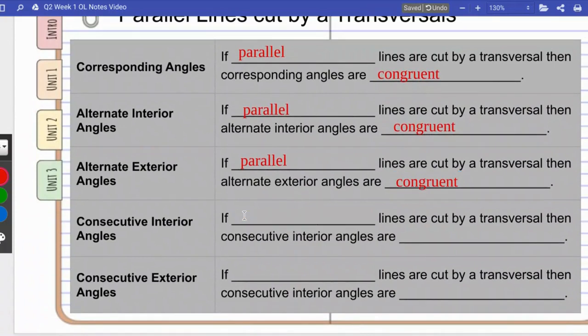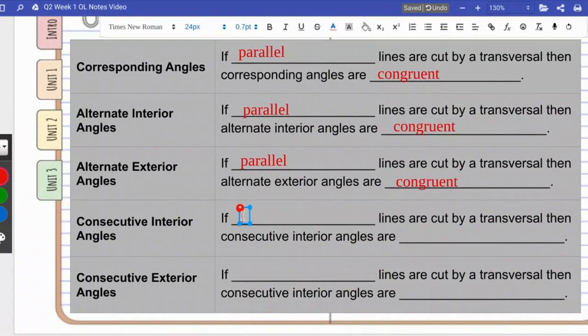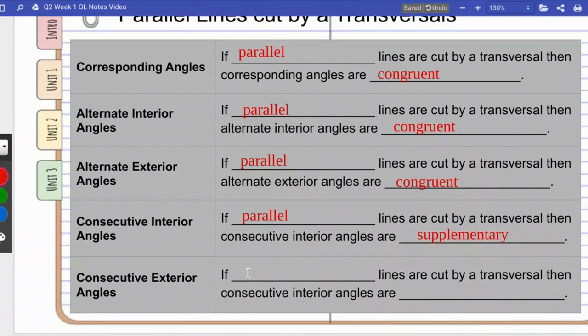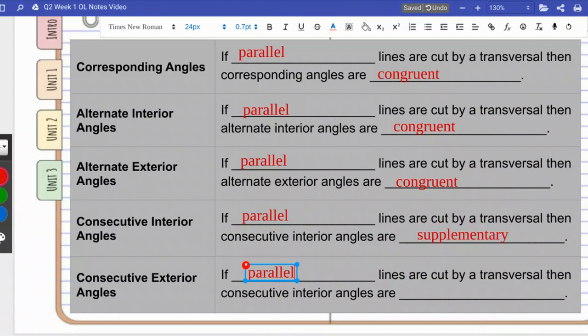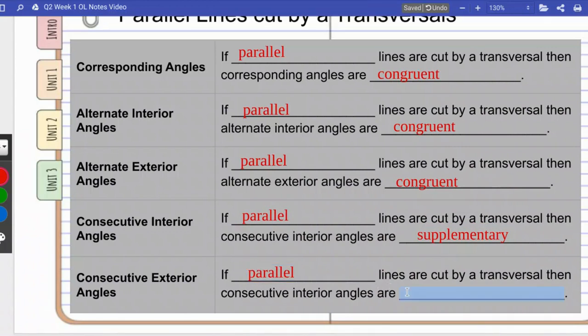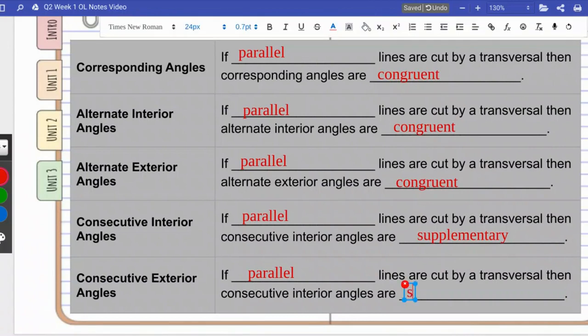If we had parallel lines cut by a transversal, then consecutive interior angles ended up being supplementary from our discovery. And if we had parallel lines cut by a transversal, the consecutive exterior angles ended up being supplementary as well.